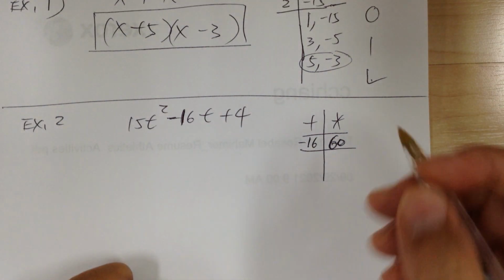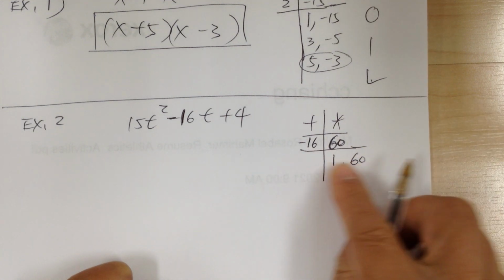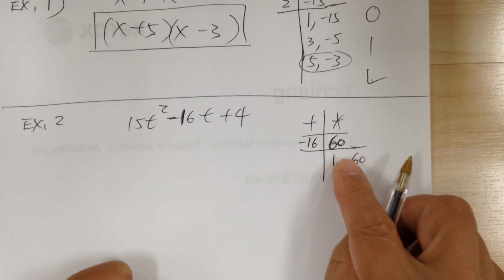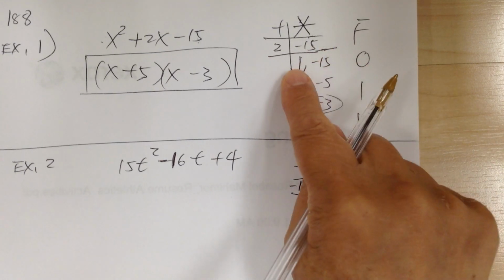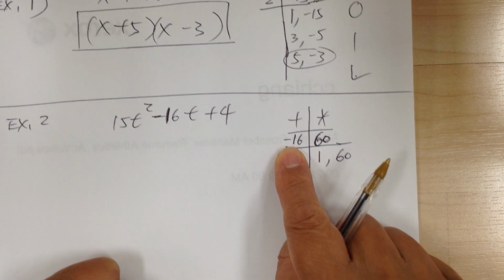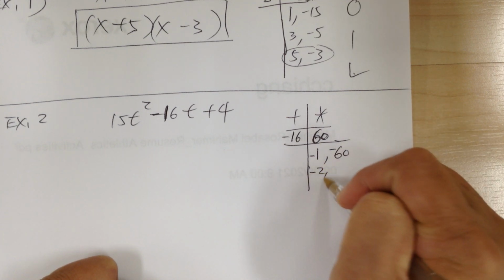Okay, so now when you try your numbers, you start with 1 comma 60, right? But notice if both are positive, you're not going to be able to get negative. In the first example you have no problem because it's going to be positive and negative. But this one, both have the same sign. So to get the negative, you have to try negative 1, negative 60. Then you try negative 2, negative 30.